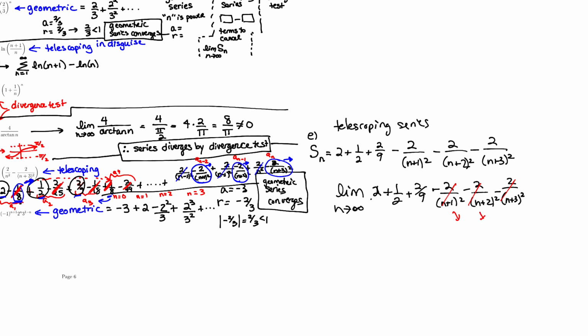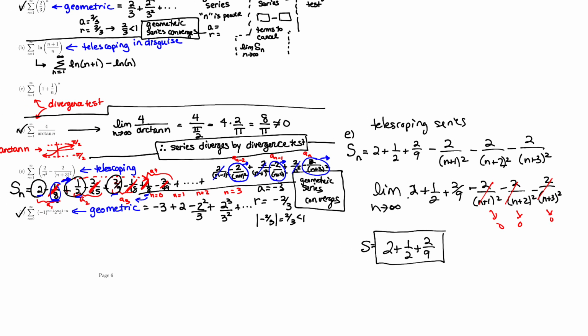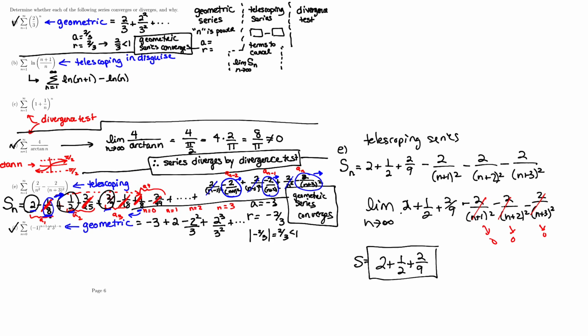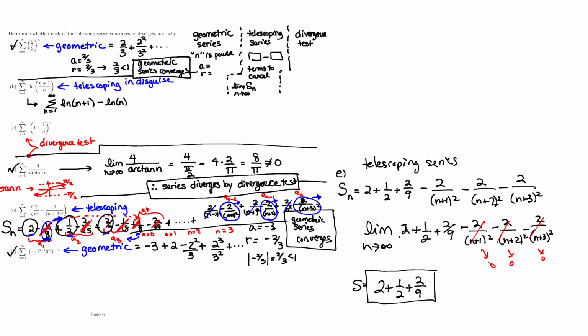So they all go to 0, and so we would say that this series converges. And the cool thing about geometric series and telescoping series is you can actually determine what it converges to. So that's E.